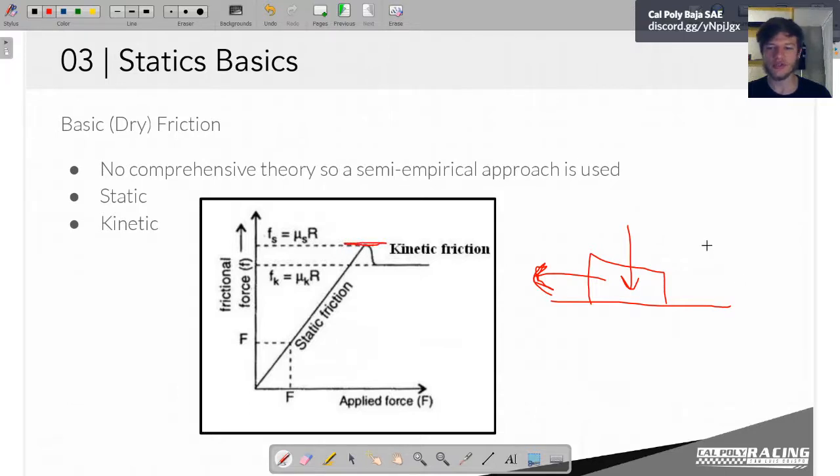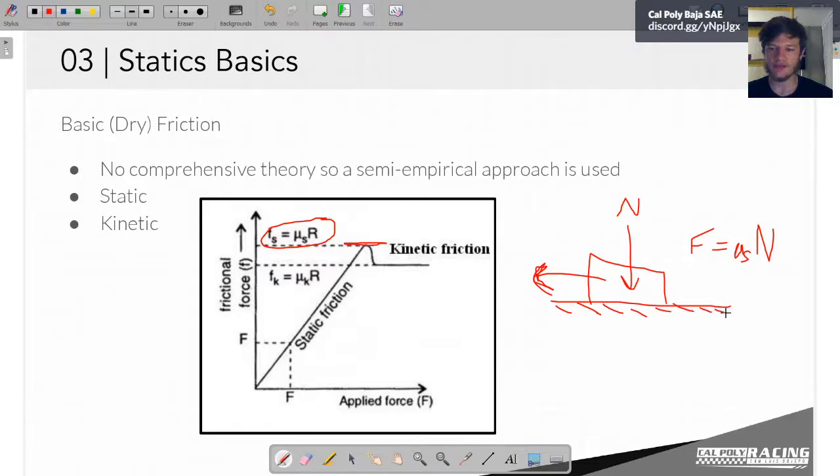That threshold is Fs equals mu s times R. Mu s is just a coefficient that's empirically determined, so something that we measure. R, or I prefer to call it N, is the normal force, whatever force is keeping this object and this surface together.